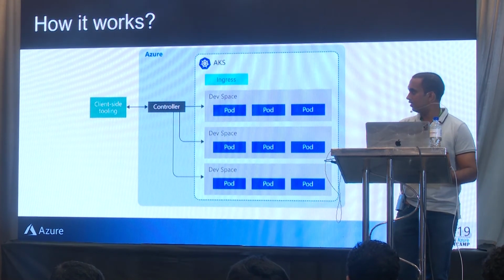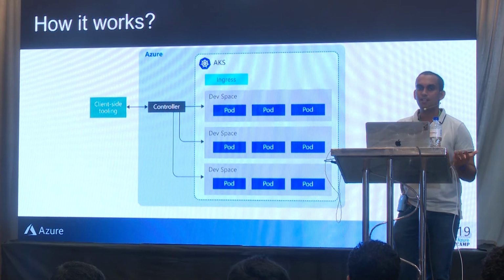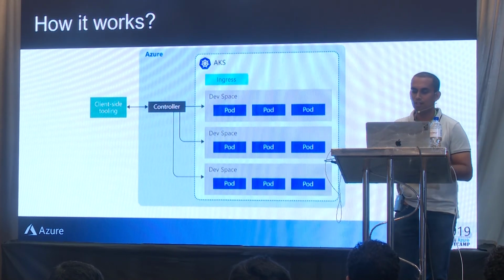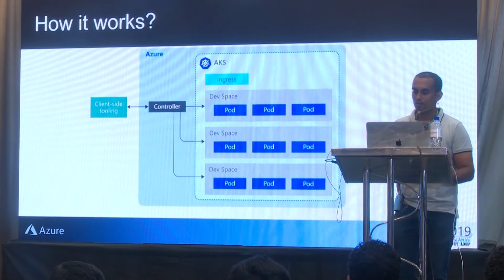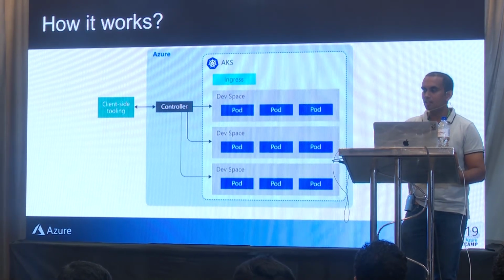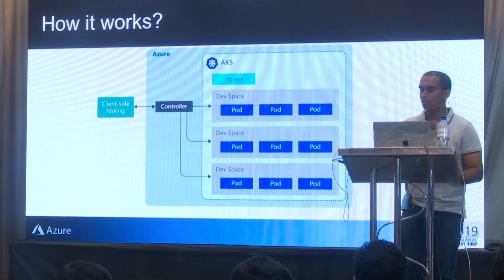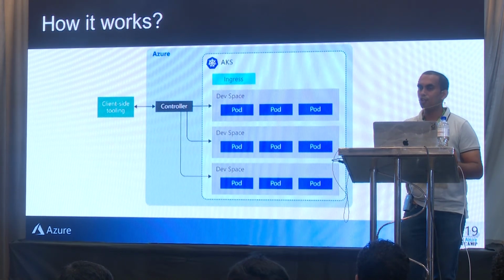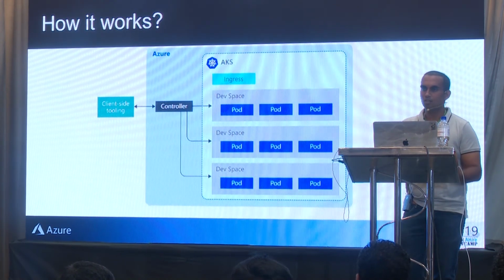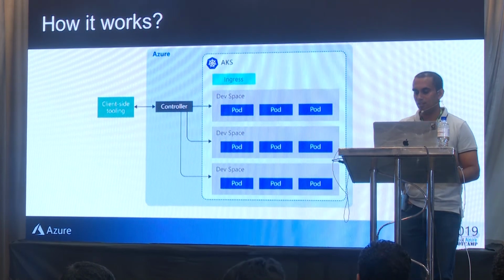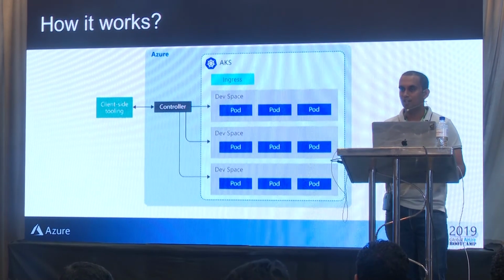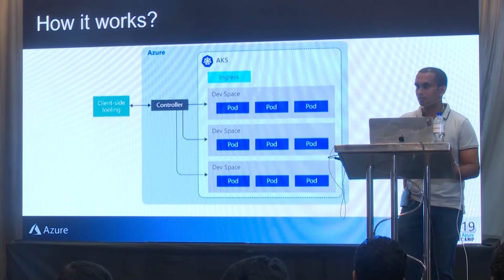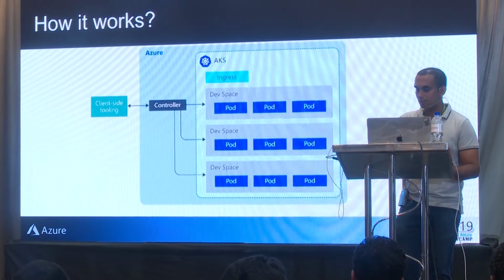Everything is done inside Azure. And the client-side tooling in Visual Studio generates the Docker file, Helm chart, and also includes the Dev Spaces configuration for the application, right? And if you need to create parent or child Dev Spaces, that is also handled from the client-side tooling, right? So that's it from me.